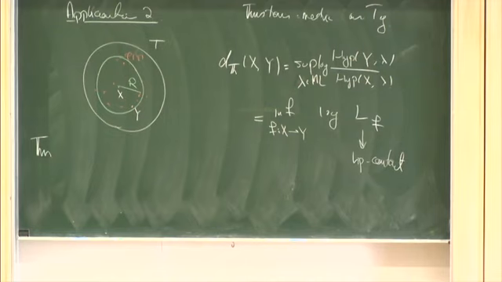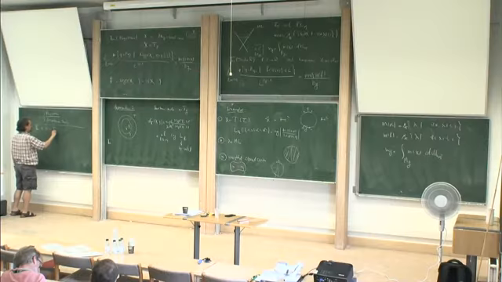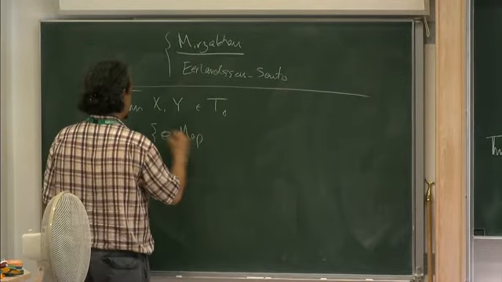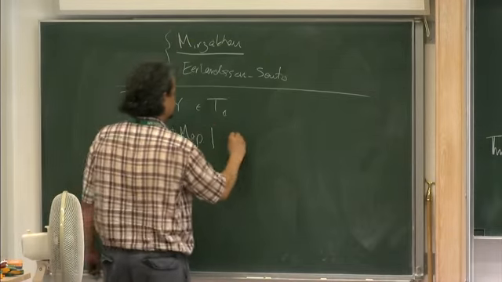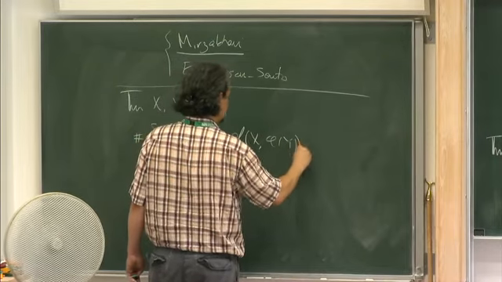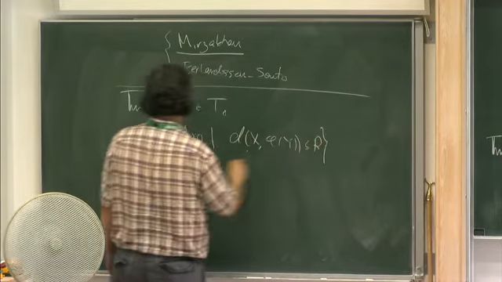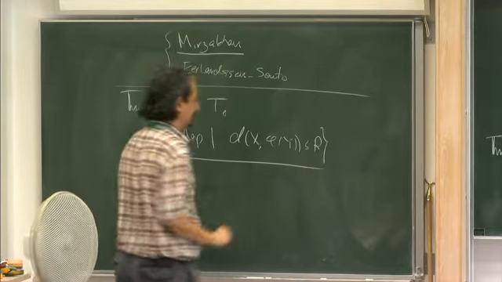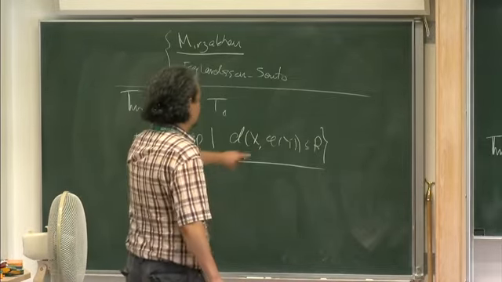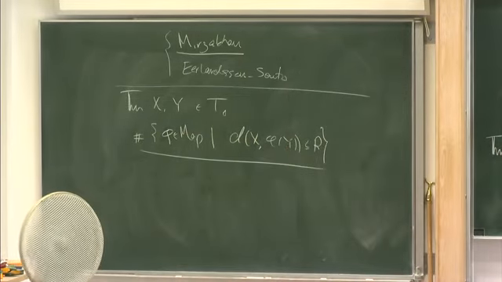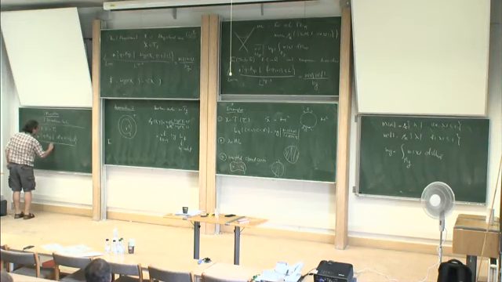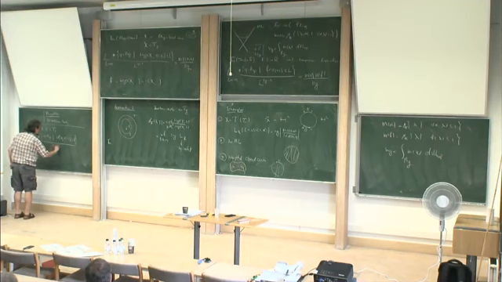So for any pair of points x and y in the Teichmüller space, I can try to find the number of elements phi of the mapping class group such that d of x and phi of y is less than or equal to r. So here, the distance has a log in it, right? So the growth rate is exponential and is e to the (6g minus 6)r.